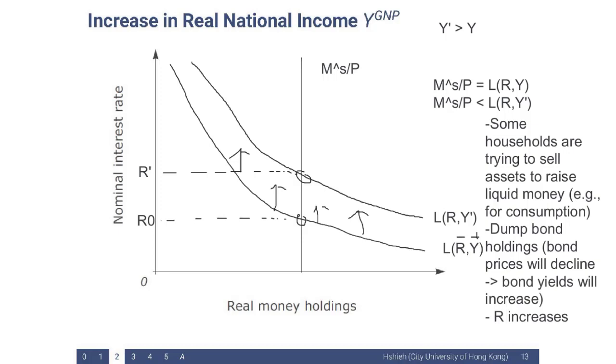Doesn't matter which MS over P you choose, the entire liquidity preference curve must shift upward. And now we'll write here liquidity preference, R and Y prime. Y prime indicates the new, higher income level than before.